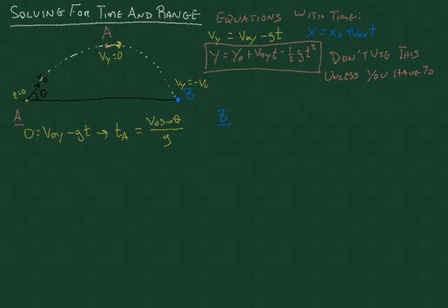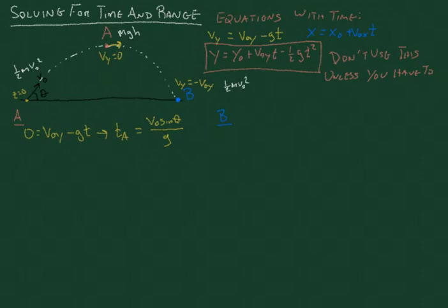So initially, minus v0y. The reason we know that is because conservation of energy tells us that initially we had kinetic energy 1/2 m v0 squared. At A, that became mgh. That was the energy at the top. Down at the bottom, we have no potential energy again, so it has kinetic energy 1/2 m v0 squared.